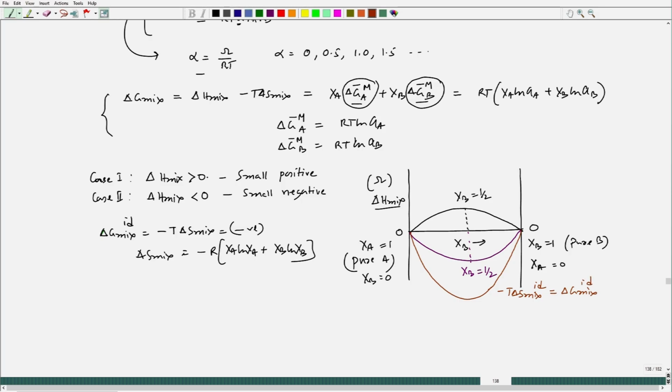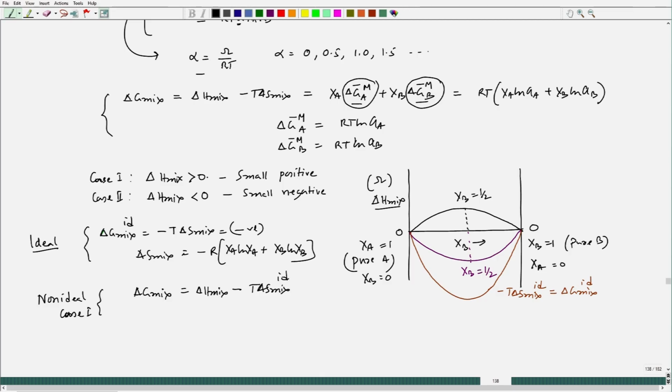Now, when we talk about non-ideal cases, let us say we take a small positive del H mix. So, this is ideal, non-ideal, and case 1. So, delta G mix is equal to del H mix minus T del S mix, and this T del S mix is the same as ideal.